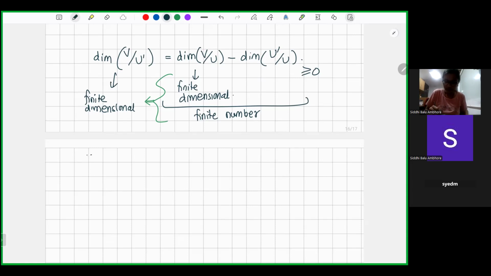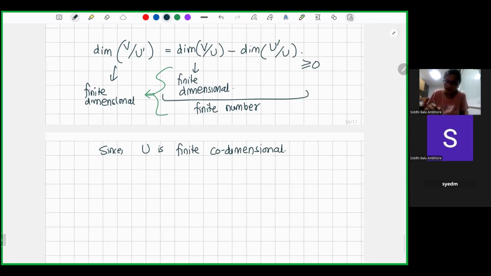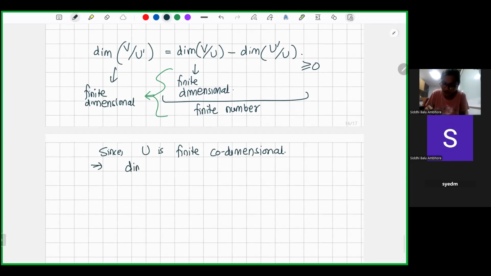And we can also understand it like this. Since U is finite codimensional, this implies that the dimension of V quotient U is finite.